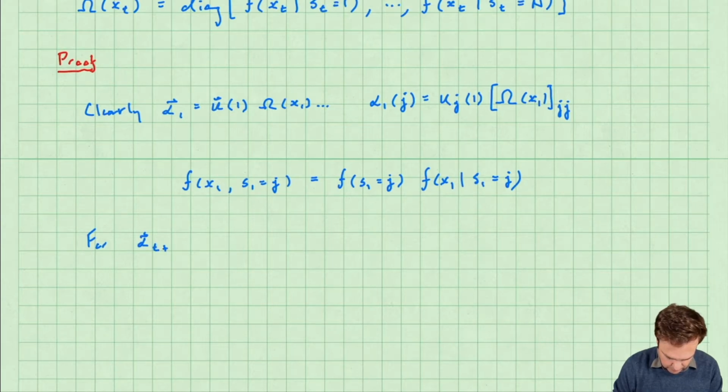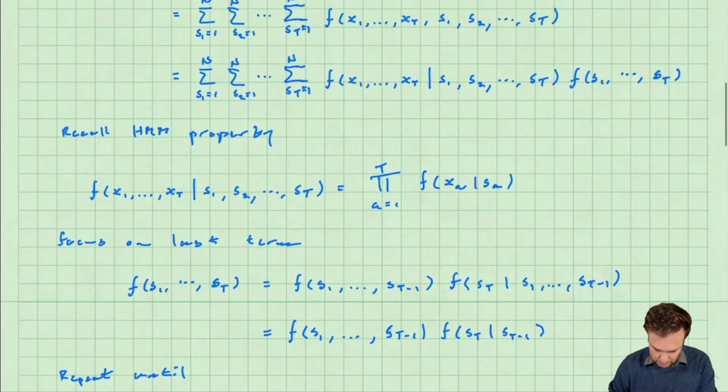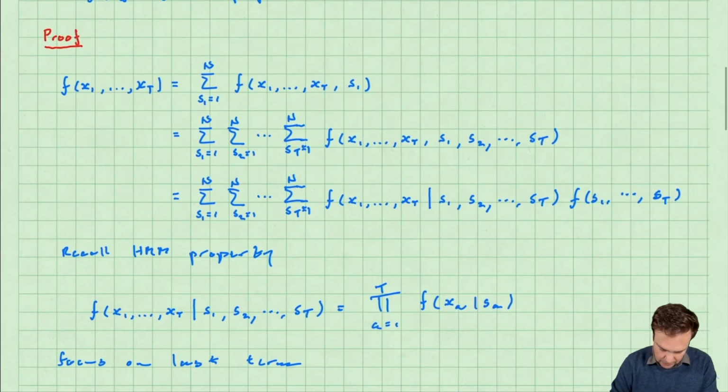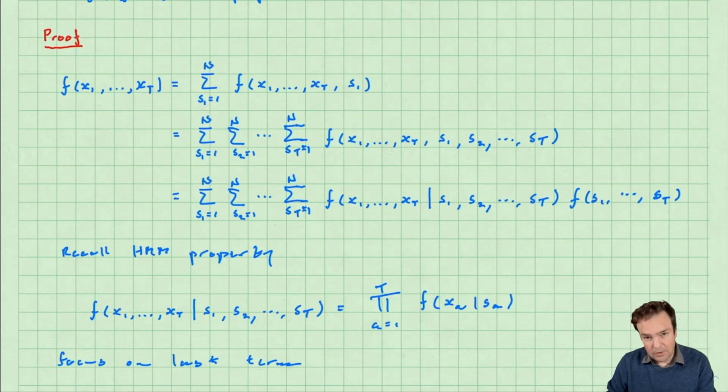For alpha t+1, we're going to go back to the earlier proof we were working on, and we're going to take this quantity here for two different values of t, and then look at what happens. Compare the two, right?